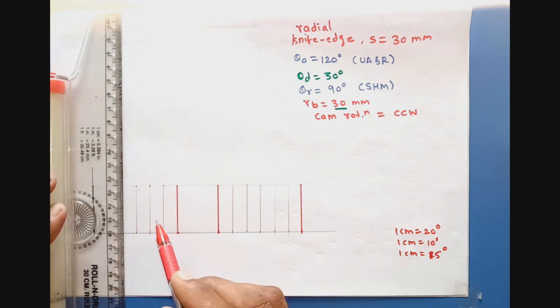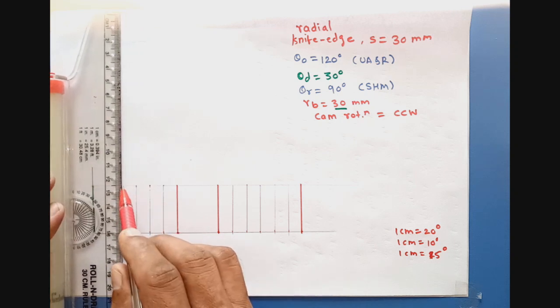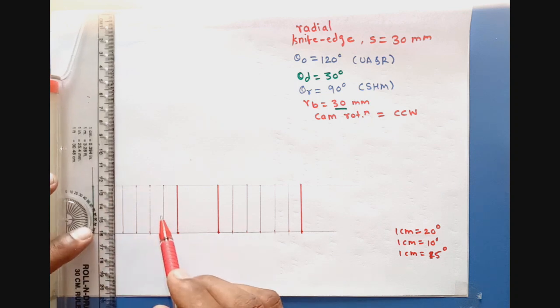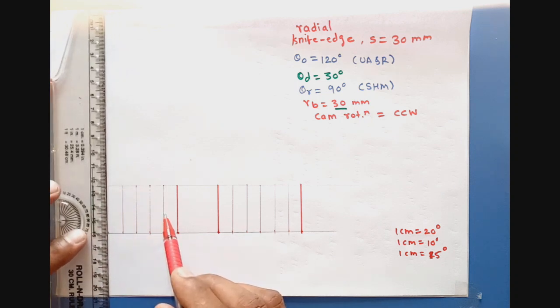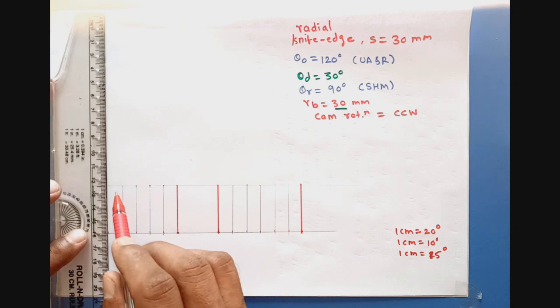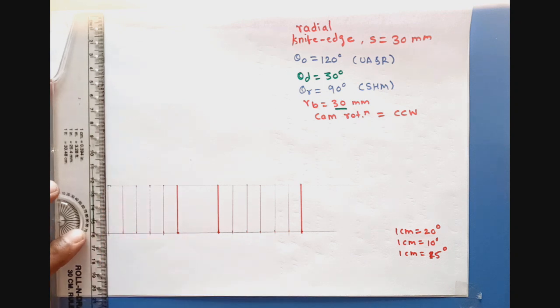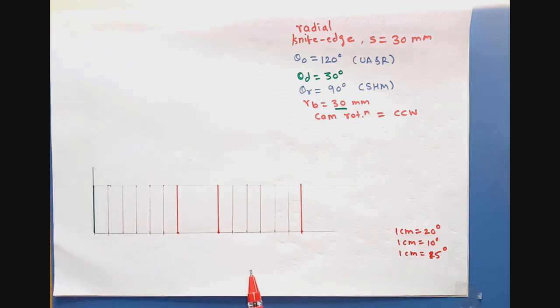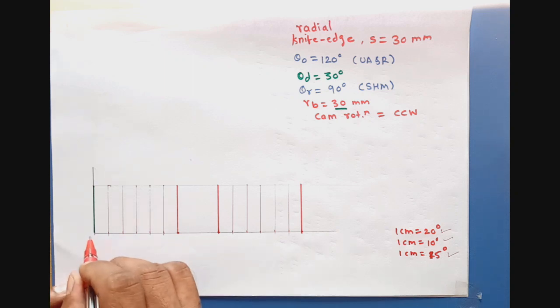8, 10, 12. Also, you can divide outstroke and return stroke angles with different number of divisions, and you can use different scales for outstroke, dwell as well as return stroke. Now I will number those divisions.